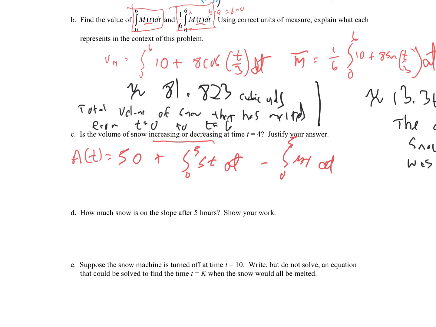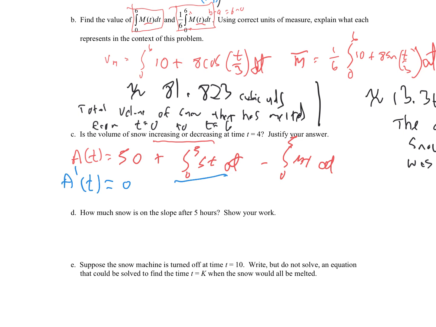So I need to know if this is at 5. Doing the derivative straight across, A prime of t, derivative of a constant is 0. That goes to 0. When I integrate this integral, out pops the integral, and I'm left with s of t.